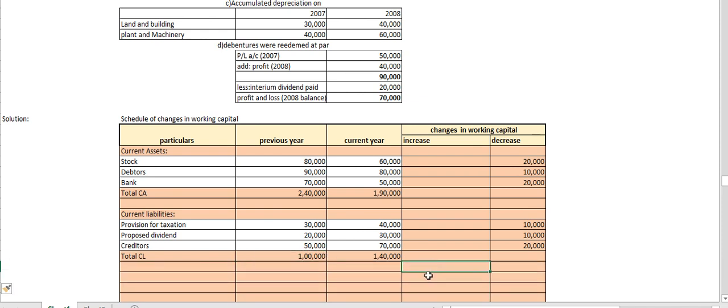Now the total of the changes in working capital: in the increase column you do not have anything, it's a zero figure. In the decrease column you have 90,000.